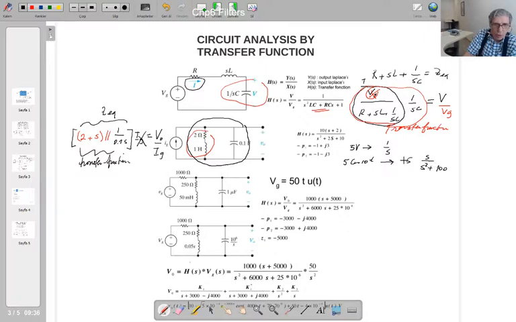If you multiply this transfer function with this input, you can get that VO output for this source. So I calculated one of the elements, current or voltage of an element within a circuit, by using the transfer function.